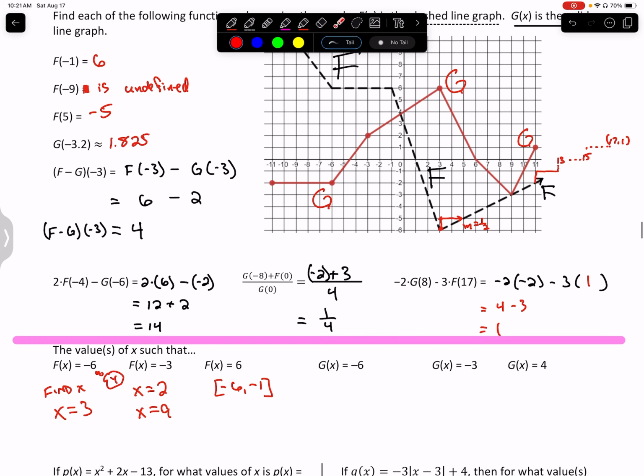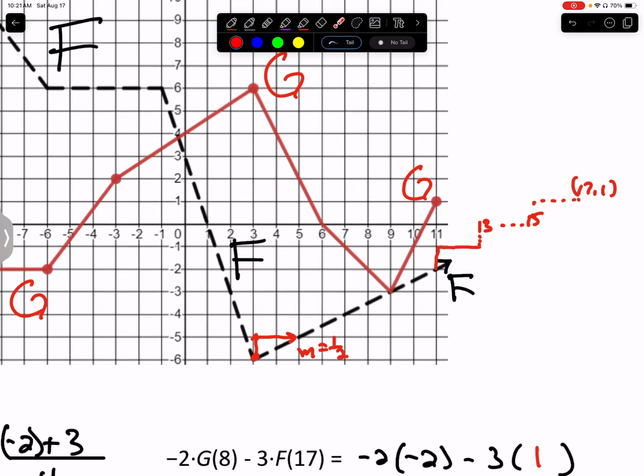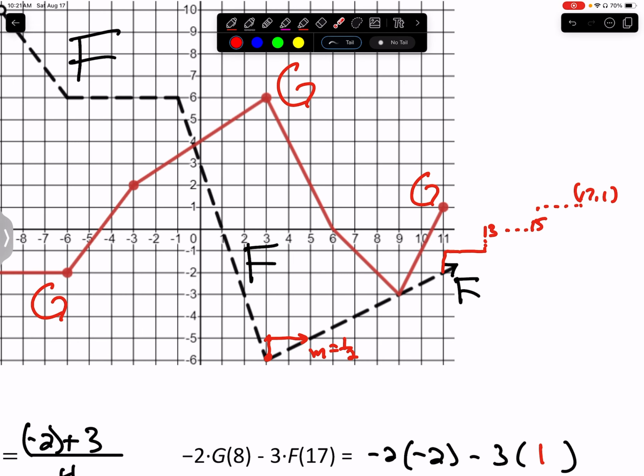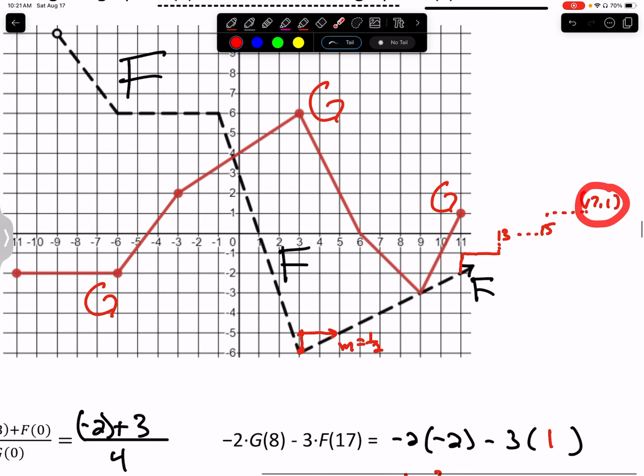Now you might think you're finished, but we have to remember about this little fellow over here. This little fellow over here continues to go up and to the right forever. So it stands to reason that it's going to eventually get to 6. See if we can find an efficient way to figure out what the x value is going to be. We ended up at 17, 1. Every time we go up 1, we're going to go to the right 2 because the slope's 1/2.